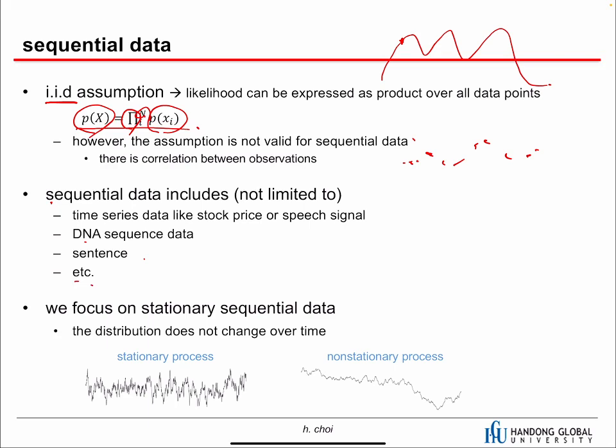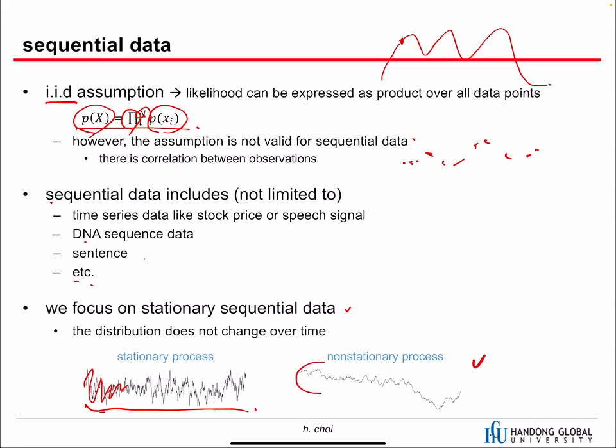We focus on stationary sequential data. Stationary means something like this: the statistics of the distribution are not changing over time. Even if the amplitude is changing, when we check the average, it is not changing that much, and the variance is not changing that much. But this one is an example of a non-stationary process.